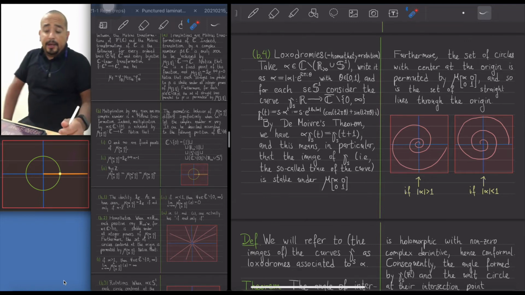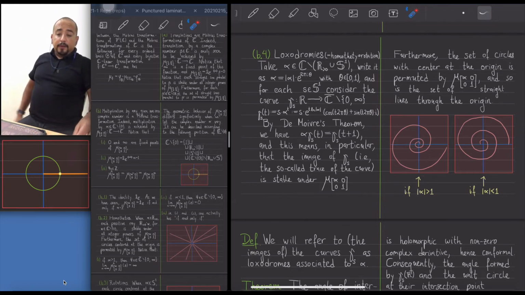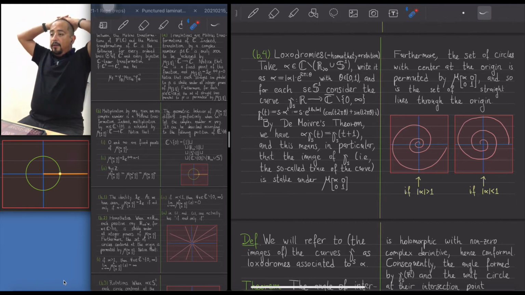Now, we have been asking in each case about a family of curves that partition C bar minus the fixed points, with each curve belonging to the family stable under the action of the Mobius transformation.